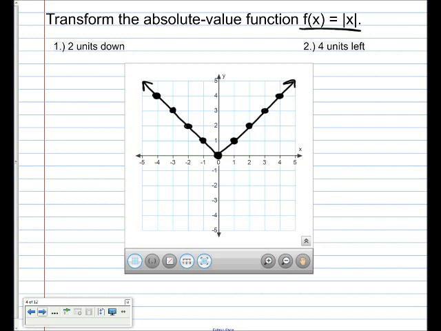Now we're going to move it. I'm going to use red to move it 2 units down. 2 units down. So what am I going to do to every single point on that function? Go down 2. So each of these goes down 2.